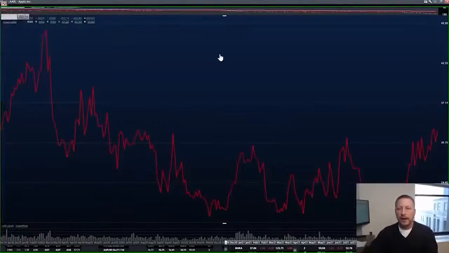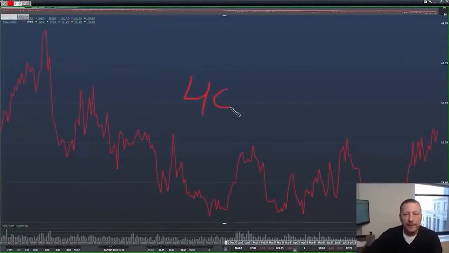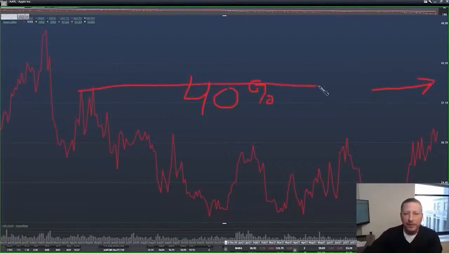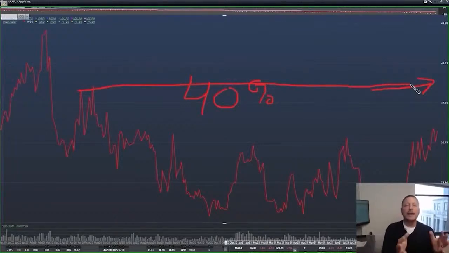If I look right now at an implied volatility of 40% in Apple, man, that's way up here at the top of its range. If I look at this chart, that volatility is absolutely going to decrease. It is absolutely going to come down and find its middle ground.